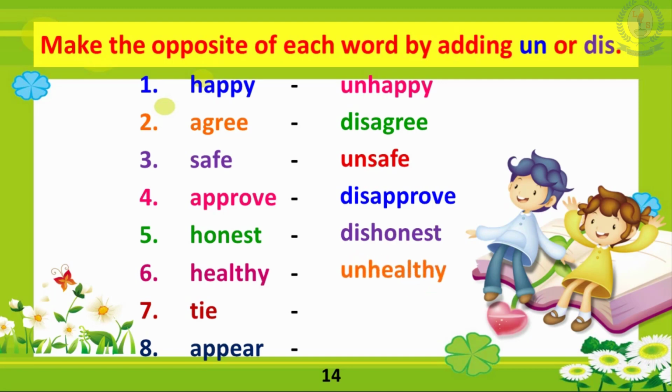Then what's the opposite of tie? Is it untie or distie? Yes, it's untie. Then what's the opposite of appear? Is it unappear or disappear? Yes, it's disappear. Shall we read the opposites once again?